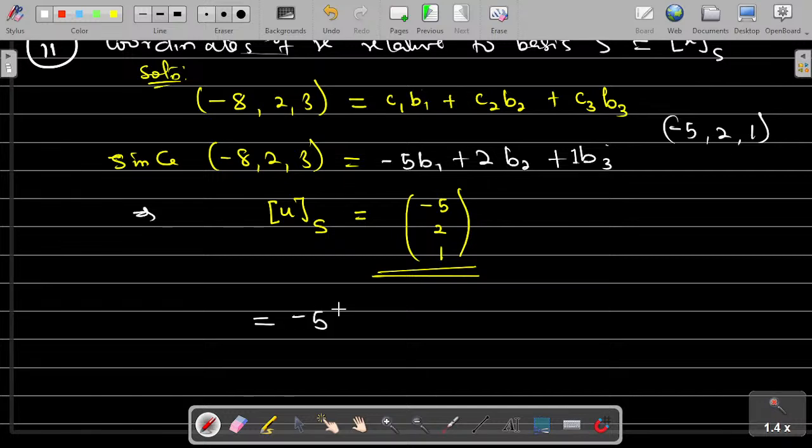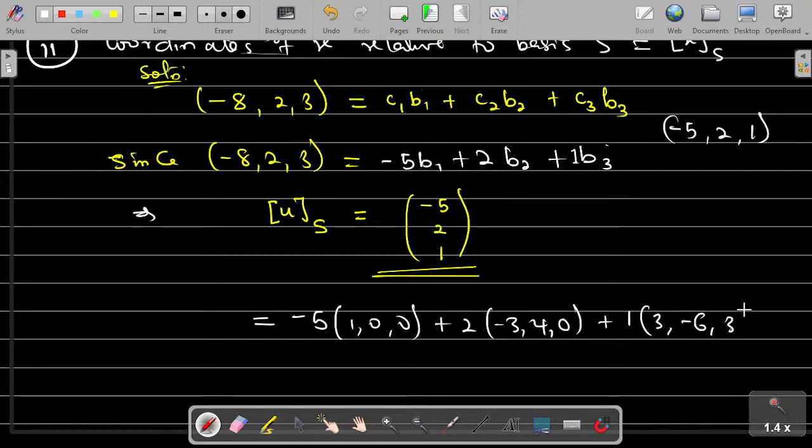So here we have 5 into b1, and our b1 is 1, 0, 0. Then plus 2 into b2, and our b2 is minus 3, 4, 0. And then our 1 into b3, and b3 is 3, minus 6, 3.